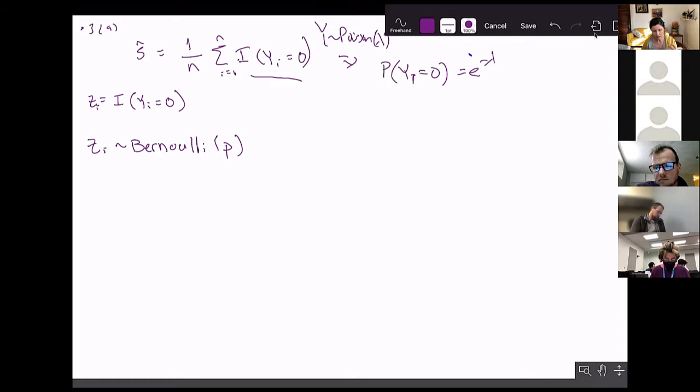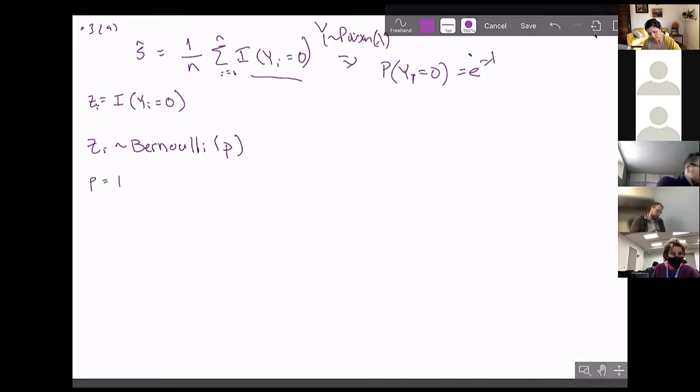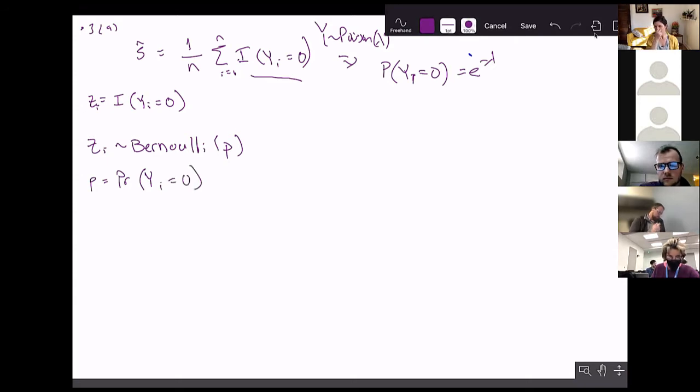So essentially, that Bernoulli parameter is going to be the probability of yi equals 0. So what's that going to be? All of the y's are identically distributed and independent, so y1 and y2 and y3 all have the same distribution.